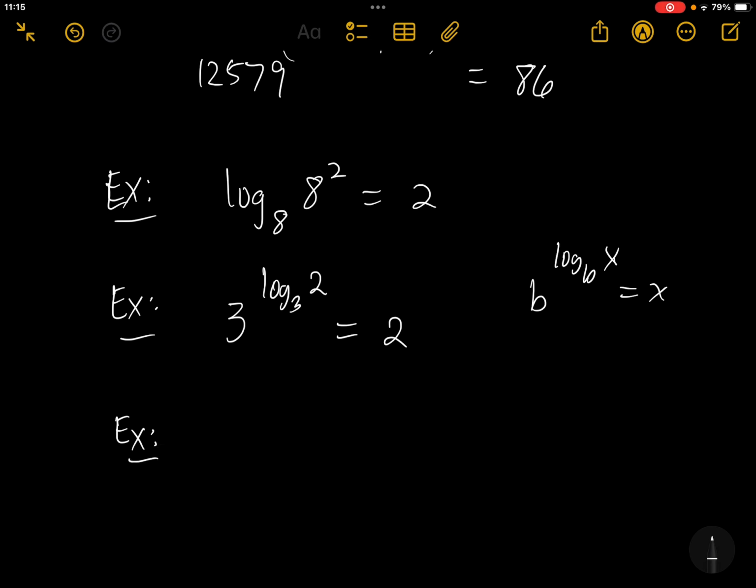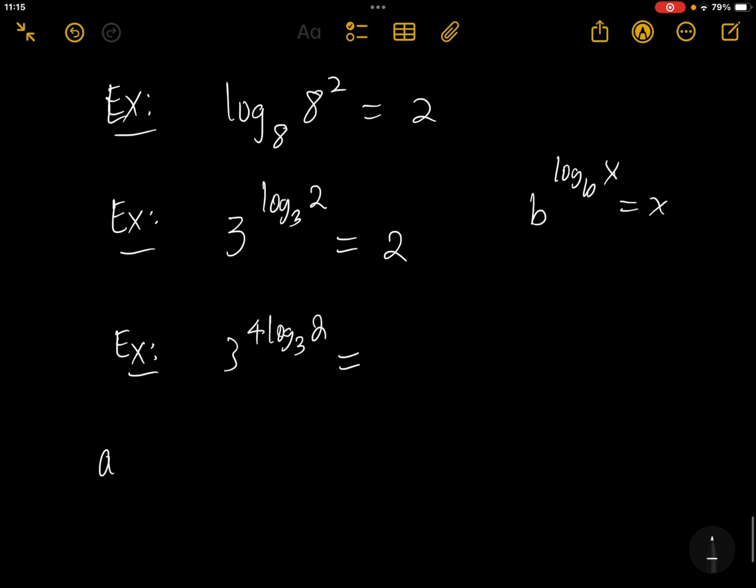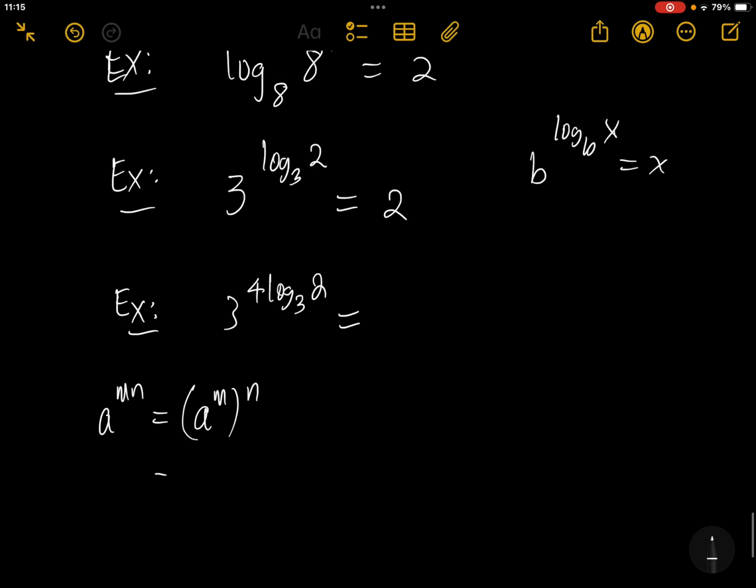What if you had 3 to the 4 log sub 3 of 2? Well, here we can use our exponent facts, that if you have a to the mn power, so the power is m times n, this can be thought of as a to the m raised to the nth power, but it's also equal to a to the n raised to the m power.